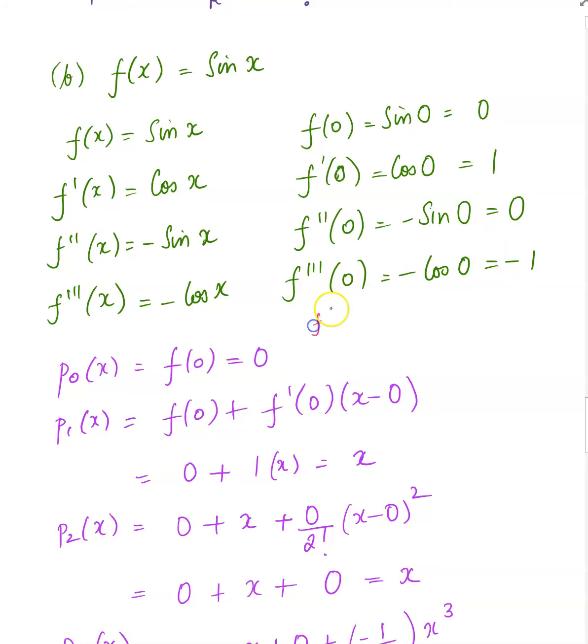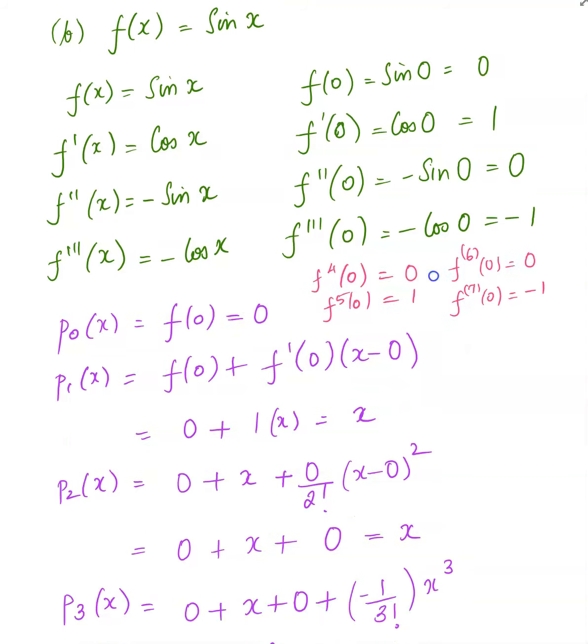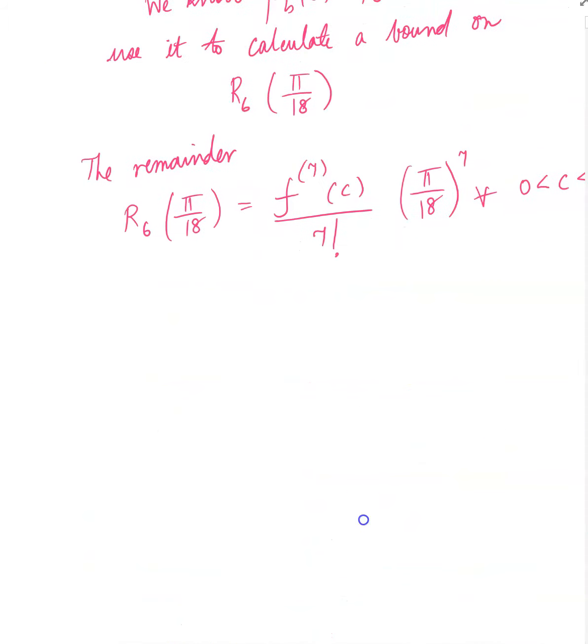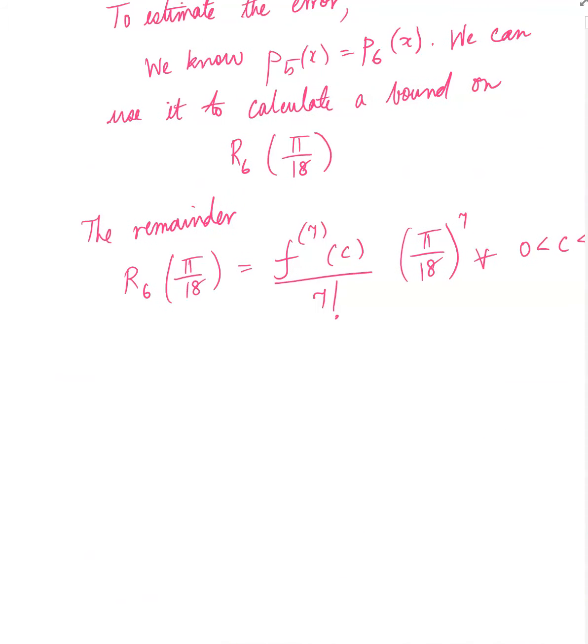So the fourth one, if you go back to the pattern, would be 0. The fifth one would be 1. The sixth would be 0. The seventh would be negative 1. Doesn't matter what c is, you know that the seventh one is negative 1. And come back here. We are using the seventh derivative.